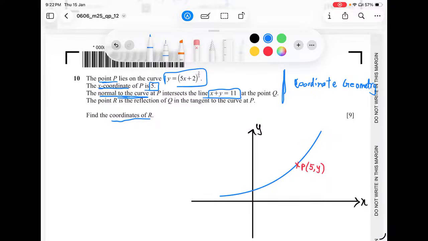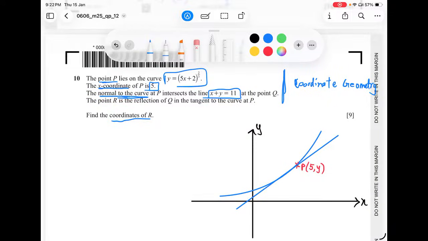So now the normal to the curve at P. The normal, so here we need to draw. So basically this is your tangent. To draw the normal, you know that a normal is always perpendicular to the tangent.